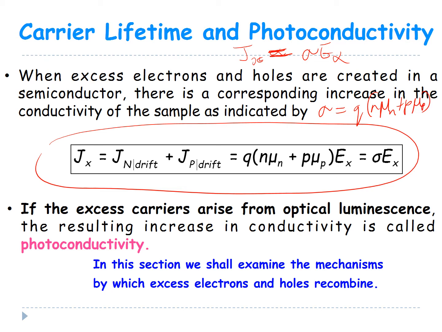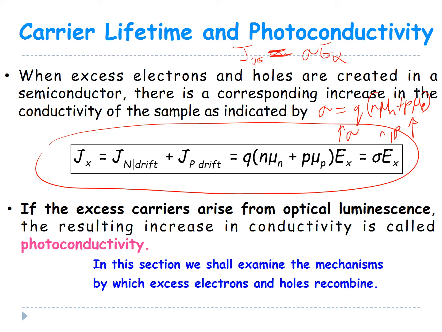So you can see that if either the electron concentration or the hole concentration, or both n and p, go up, then our conductivity also goes up.